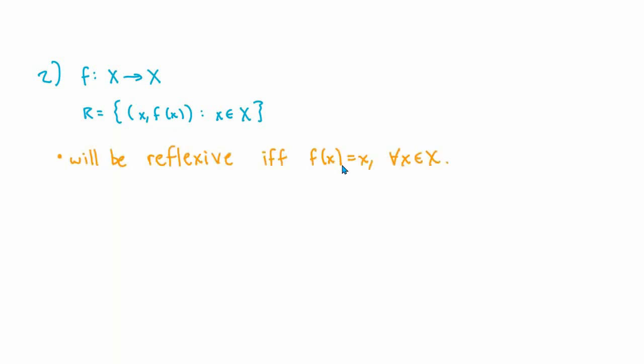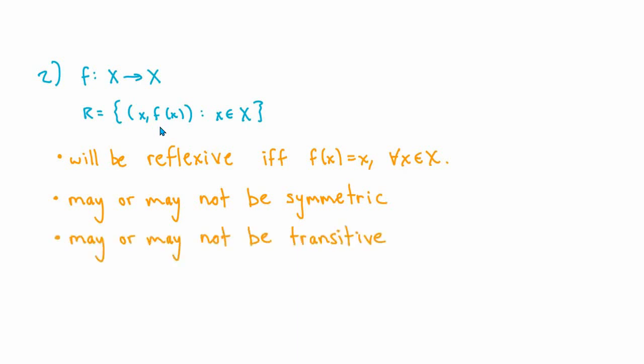And the only way that that can happen is if f of x is equal to x for every x in X. If f is any other function, then the relation won't be reflexive. Now, is this relation going to be symmetric or transitive? Well, I don't know the answer, because it depends on exactly what this function f is. Depending on what you choose for the function, the relation may or may not be symmetric, and it may or may not be transitive. And that's all that we can really say in general.